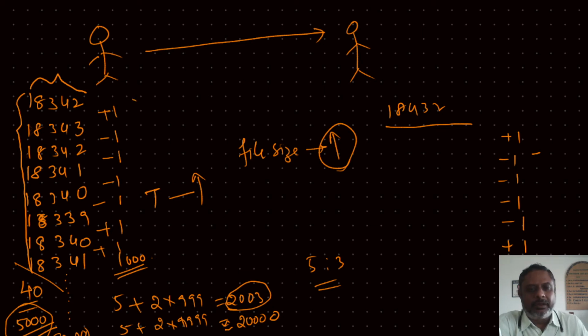But in reality, the computer is working in binary. So when it is working in binary, for talking about 18,000 and all, you will require 16-bit coding.